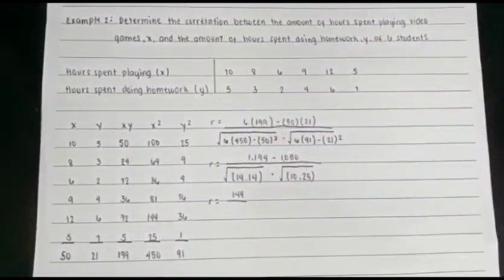Then, yung nasa baba naman, which is 14.14 times 10.5 is equal to 144.94.